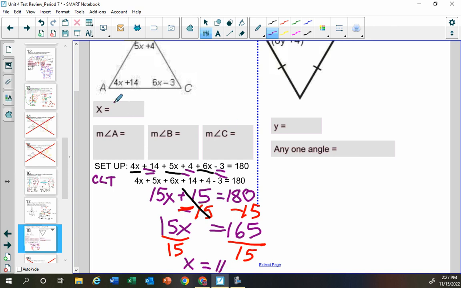Leave that up for the moment. Now, what do we have to do in all three cases? Plug them in. So for angle A, 4 times 11 plus 14. What did we say it was? 58. Okay. I thought you said that, Richard, and yes, you were right. And I know you said that too, Grace. You were right too.